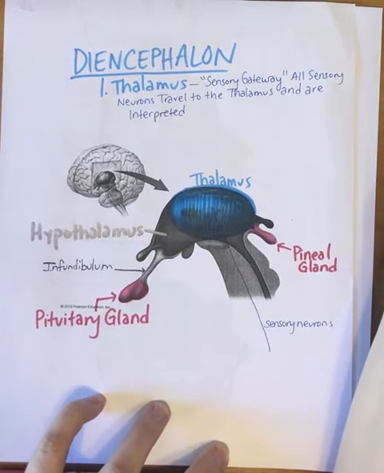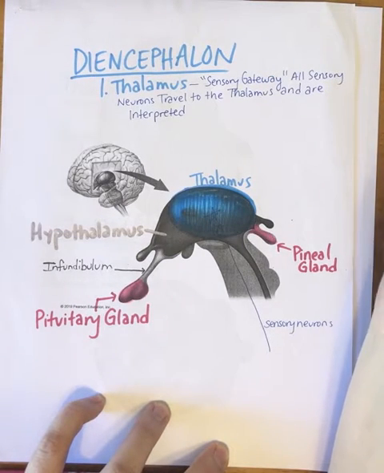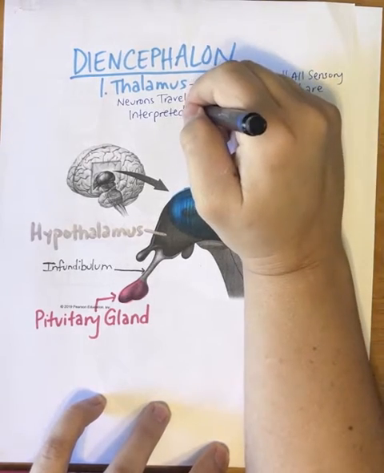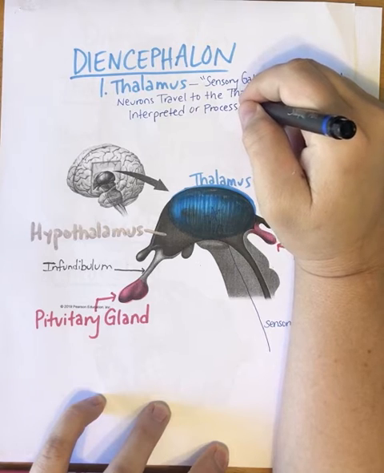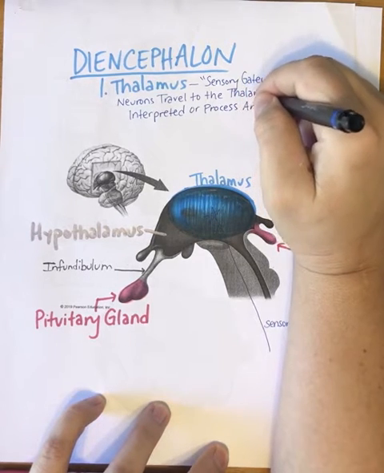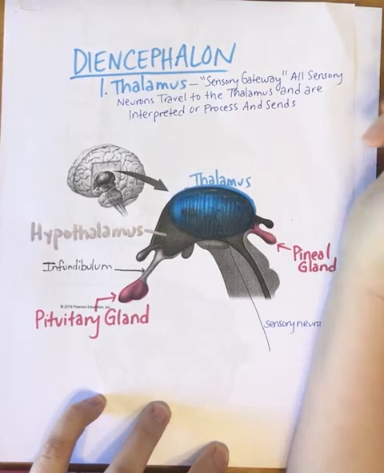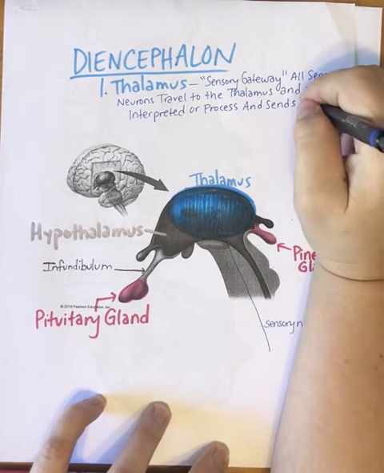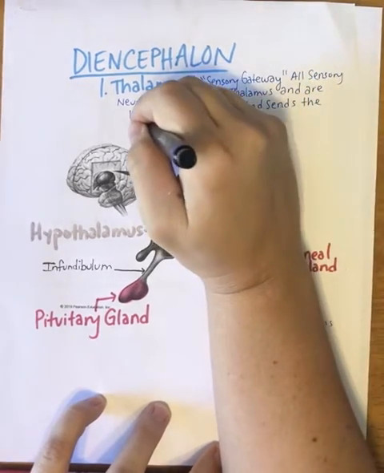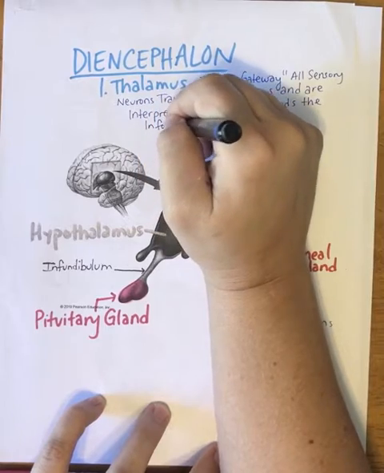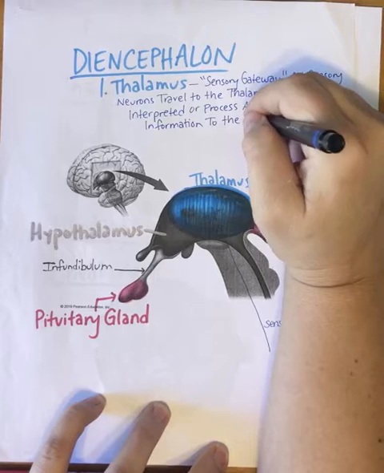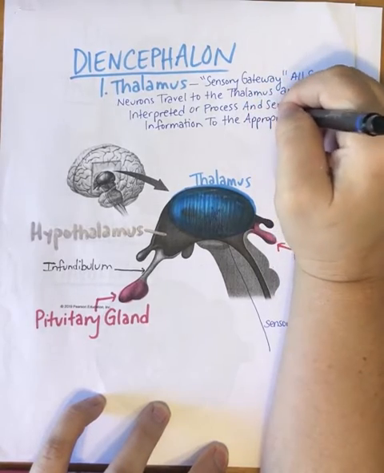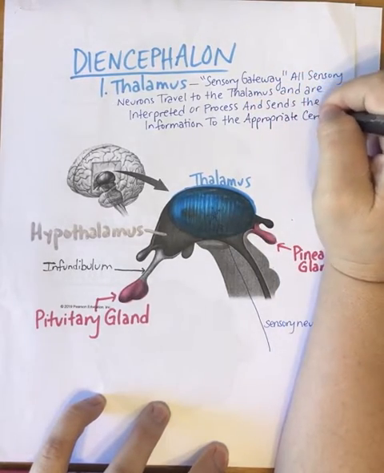So if it's something to do with vision, then we're going to send it to the vision lobe. So we process it, interpret or process it, and it sends the information to the appropriate cerebral cortex area.